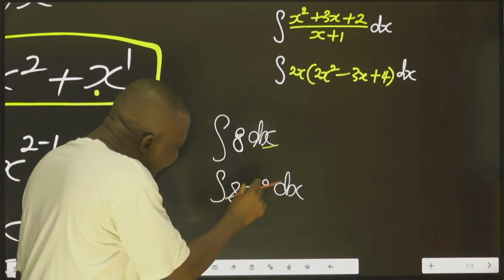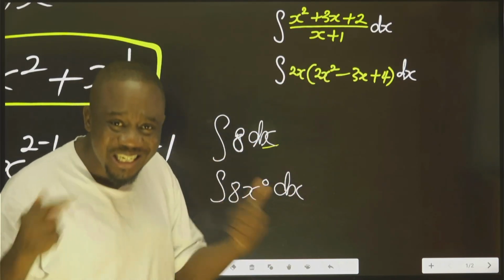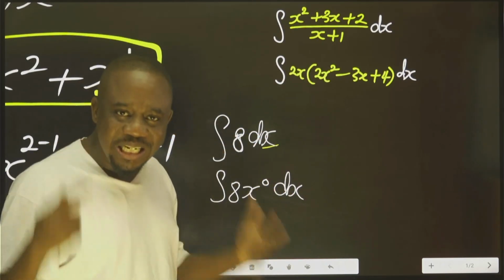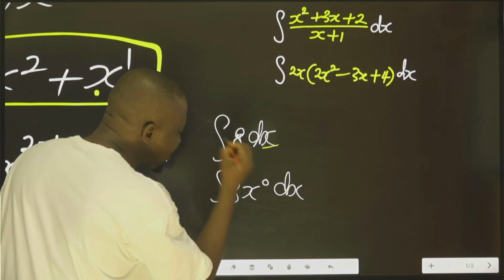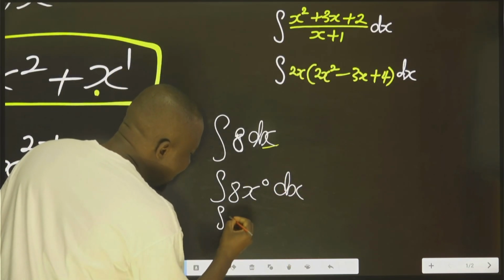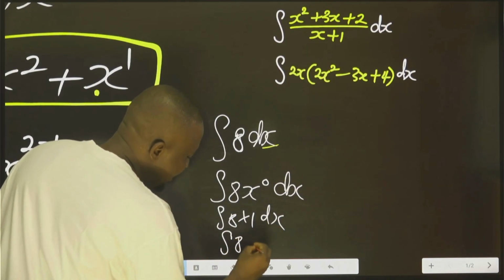And to make x to be here without changing the question, we say x raised to power 0, because anything raised to power 0 is 1. So you agree with me for this now. We are still simply saying 8 times 1 dx, which is 8 dx.